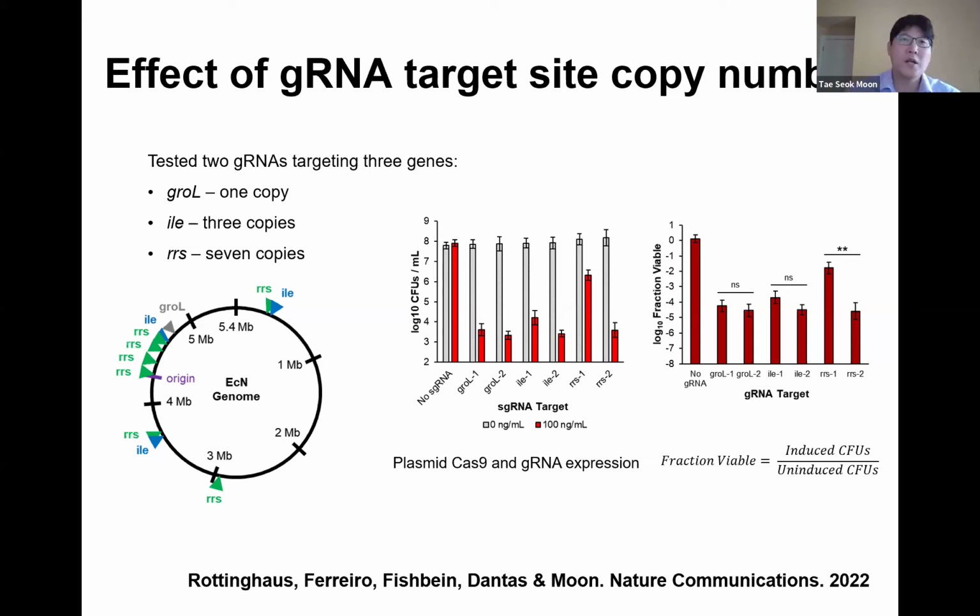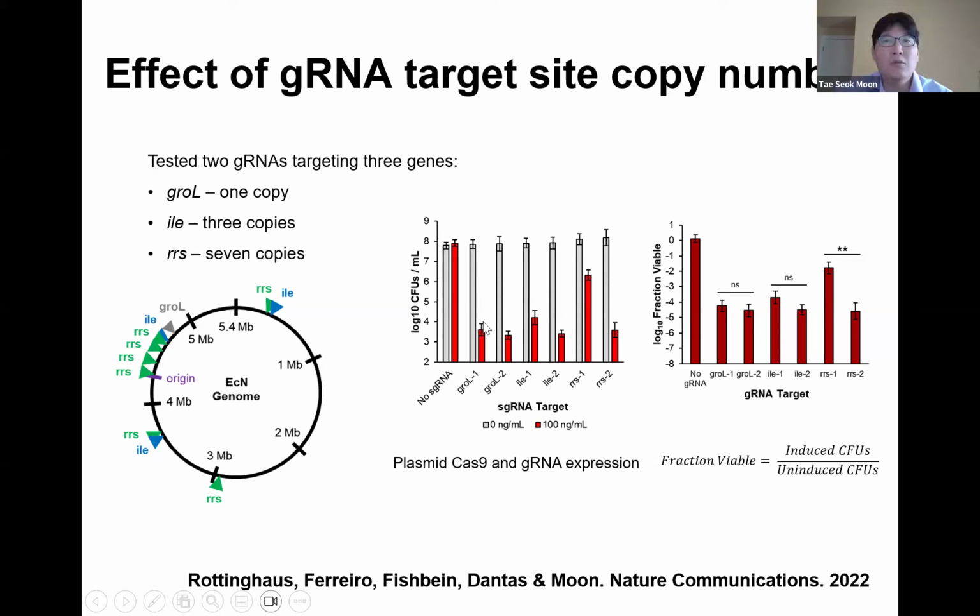I'll explain this data a little bit slowly because this is the key data. The y-axis is basically log colony forming units, you can say the cell number per ml, and the x-axis is multiple different guide RNAs targeting different genome locations. Our initial hypothesis was that we have one copy of the gene, or 3, or 7. If we have the 7 copies, that means more chance of cleavage, more efficient cleavage, and more efficient killing.